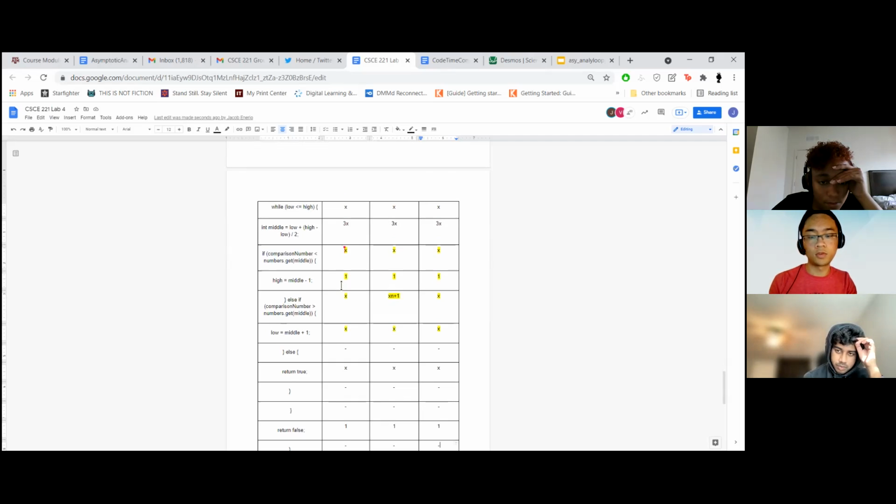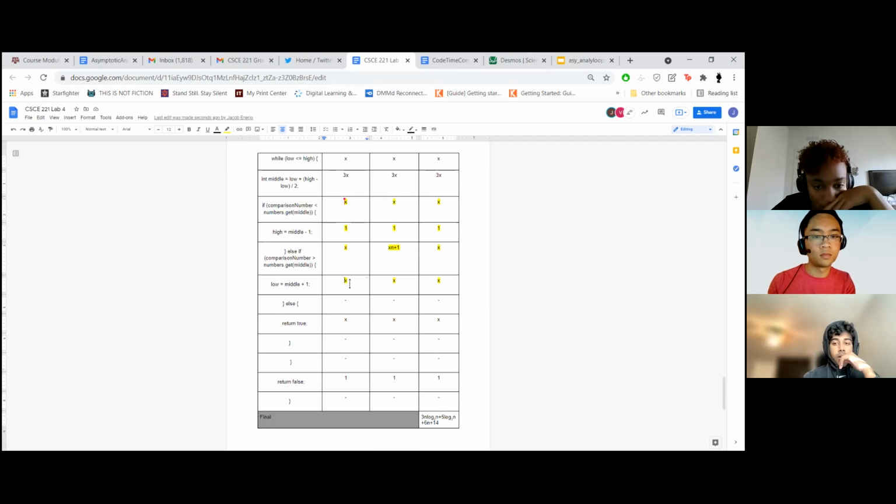Shouldn't X be constant? Because high is only ever decremented by one. That makes sense, because we're always checking to see if low is less than high, and high only ever decreases by one.